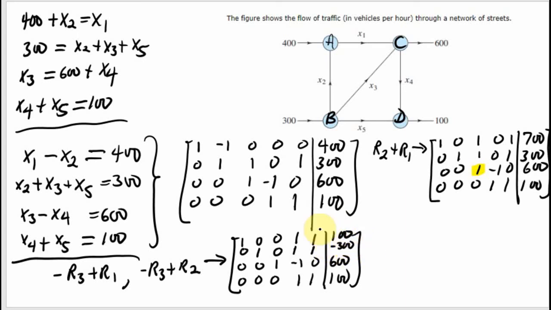Okay. So now, according to Gauss-Jordan, we want to get a 1 at A44. We have that. We're going to get zeros above it.